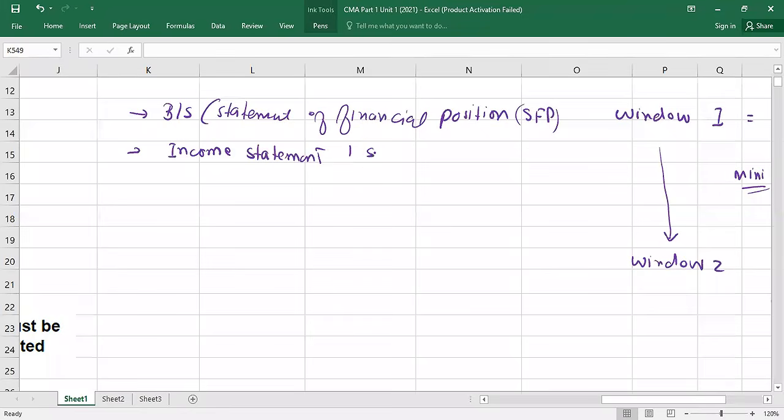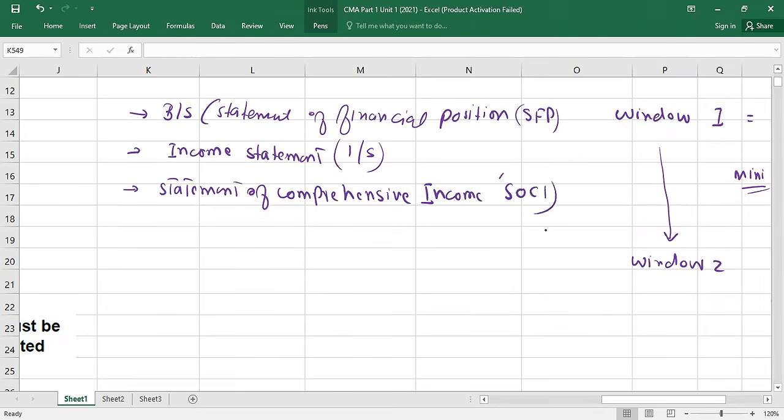So mostly I will write it with the word IS. Third, we have a statement of comprehensive income, which is called SOCI.